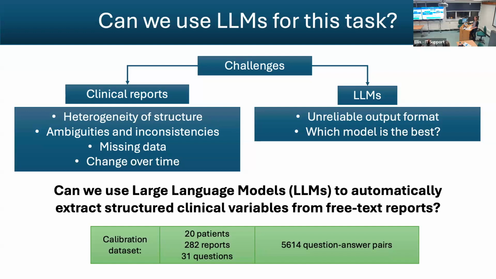And these were manually created by myself. So this was my manual audit that we're going to compare the LLM answers to. Altogether, that is over 5,000 question-answer pairs. So I think we have a decent sample size to assess these models on.